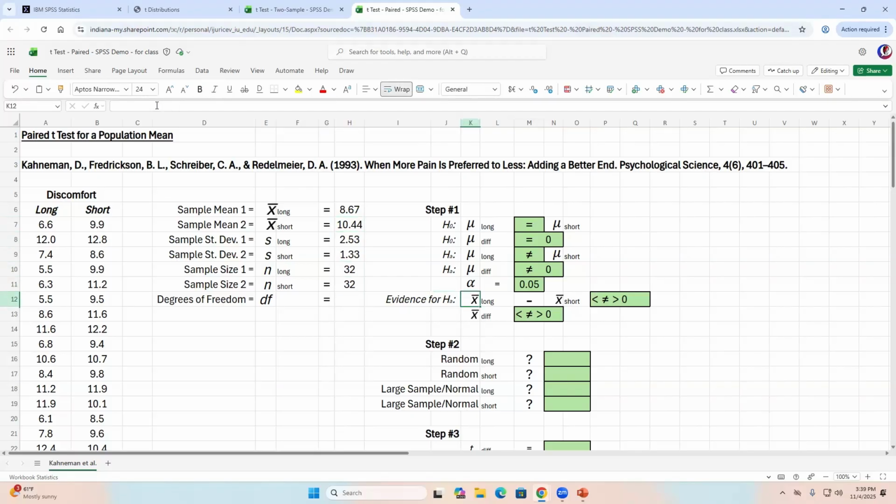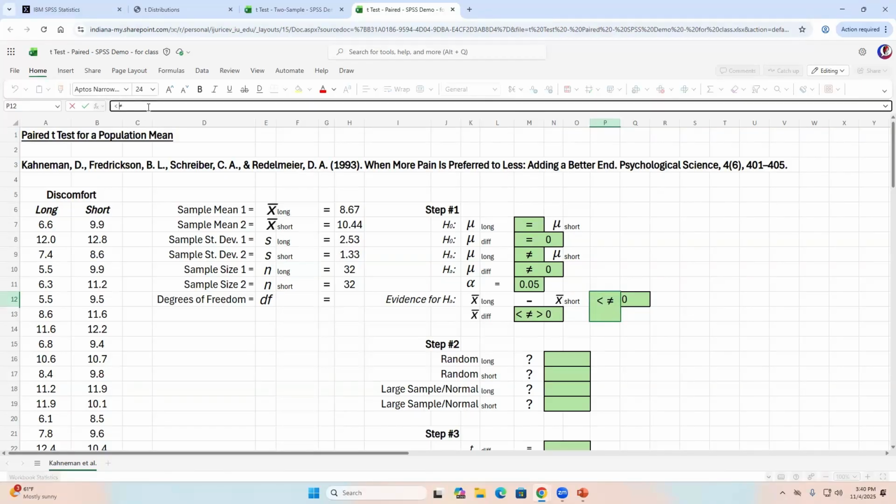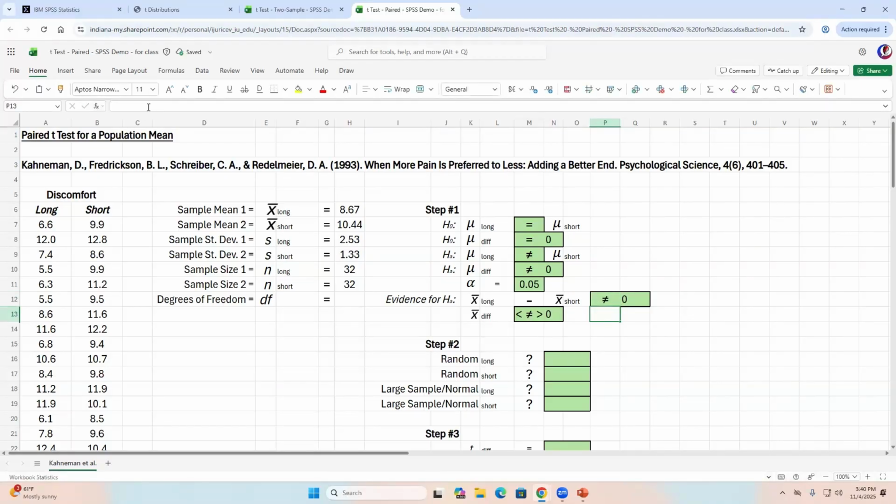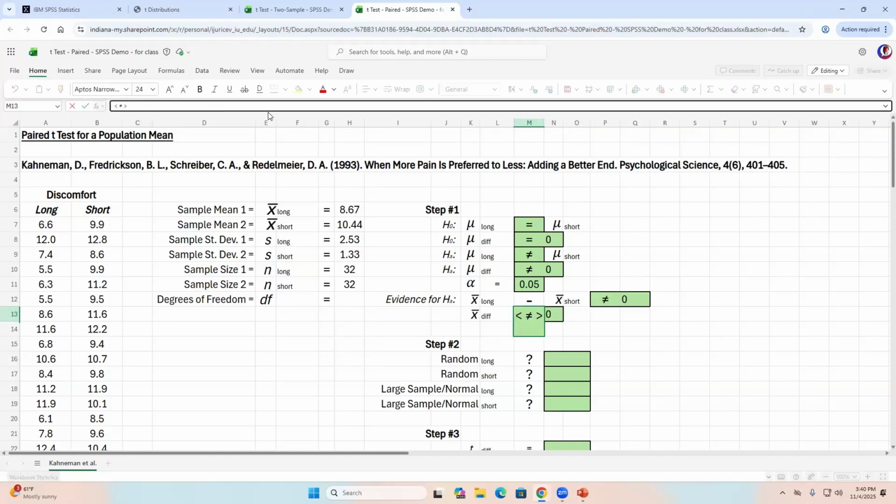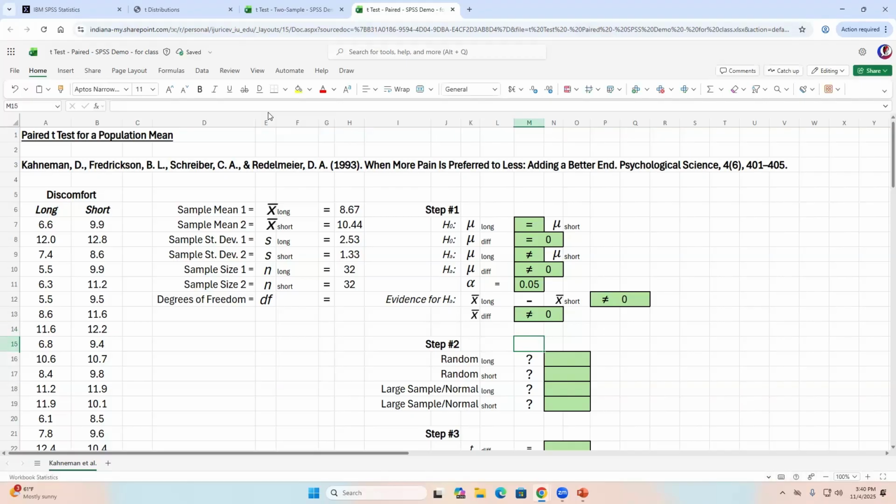So we have our evidence for the alternative hypothesis that the sample mean for the long exposure minus the sample mean for the short exposure does not equal 0. Or, as your textbook likes to say, the sample mean difference does not equal 0. So those are our hypotheses all set up.